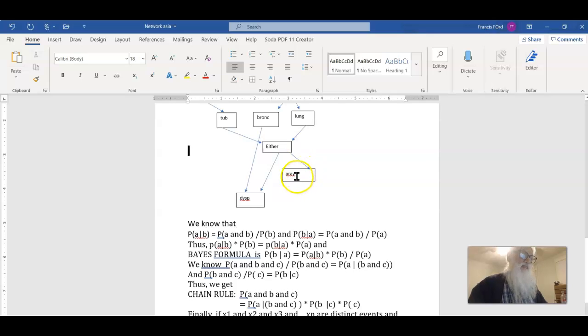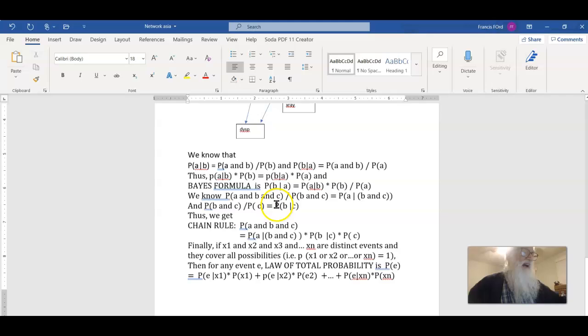Or the probability of an X-ray given either, you could compute that because you have the other direction. So that we have.